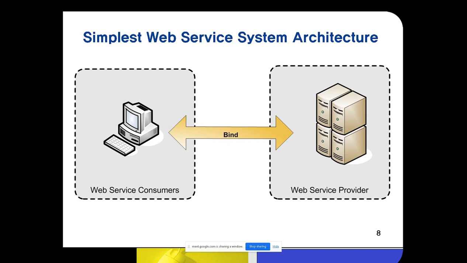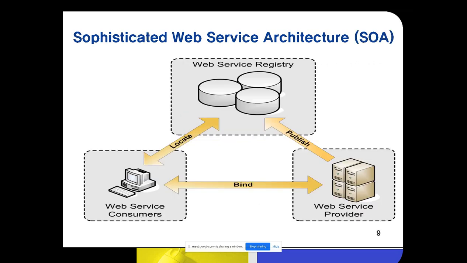If it is available, it will connect to the consumer saying, I have got this service, and if you want, I will give it to you. Similarly, they will interact with each other, and finally the service would be accomplished by the consumer. So this is an example of the two-tier architecture of web services.